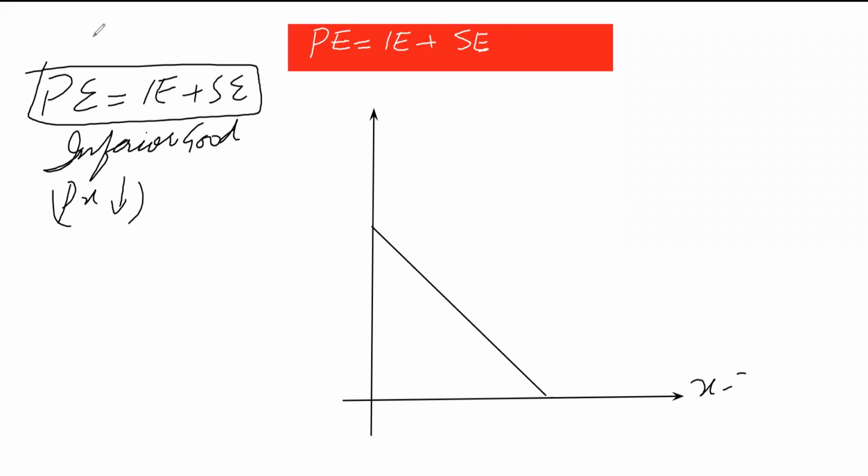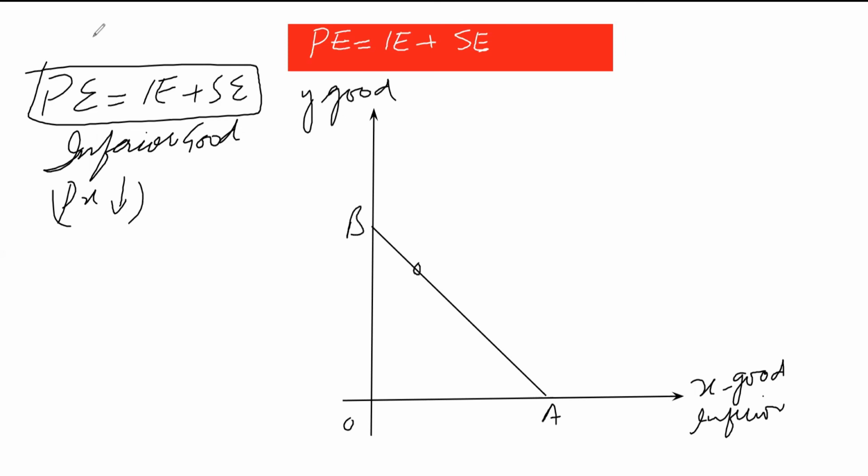And the next situation is the inferior good case, and we will prove the same condition, that price effect is equal to income effect plus substitution effect, or we can say that price effect is equal to substitution effect plus income effect. Both give exactly the same meaning, and we have the condition that price of x falls.